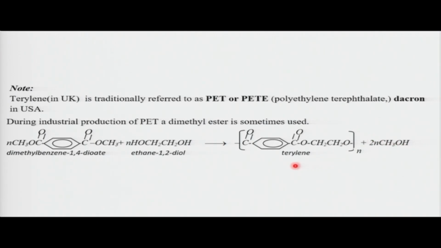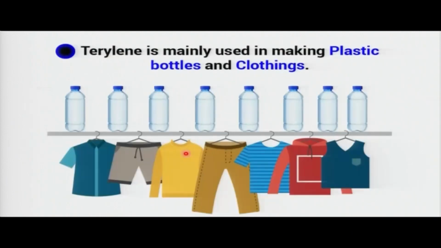Like we go back to our definition of condensation polymers, which says that condensation polymers are polymers formed from monomers having different functional groups, followed by elimination of small molecules like water, like HCl, and now we have what? Methanol.